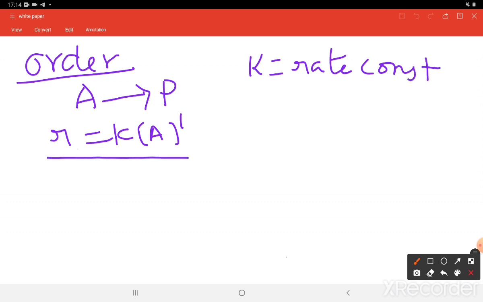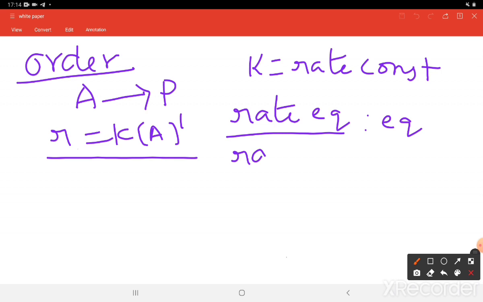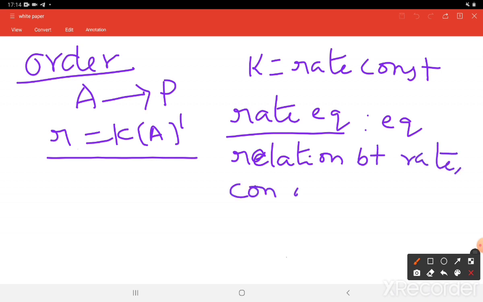This equation is called the rate equation. Rate equation means an equation which gives relation between rate of reaction and concentration of reactants.